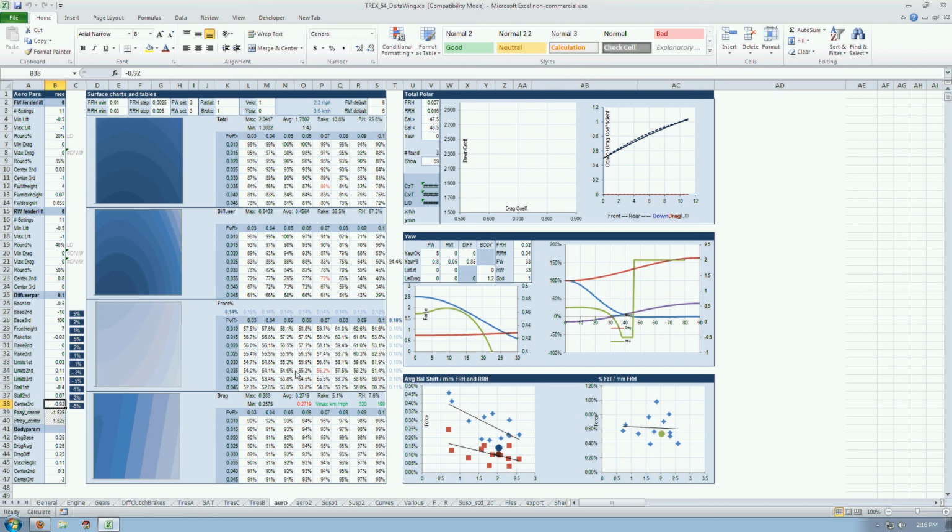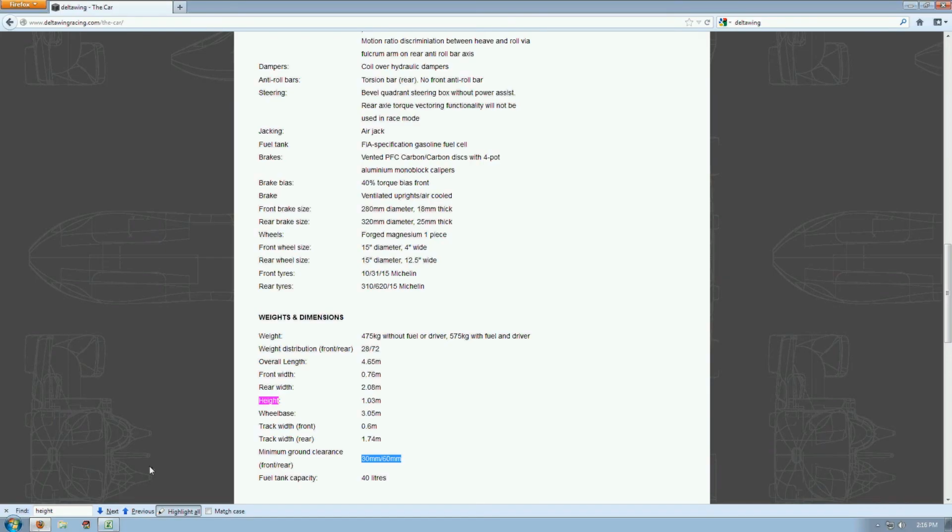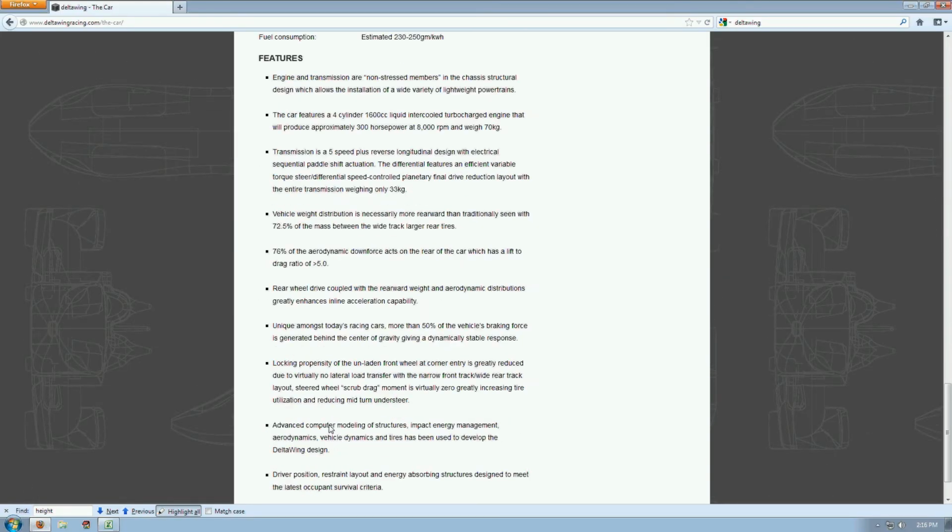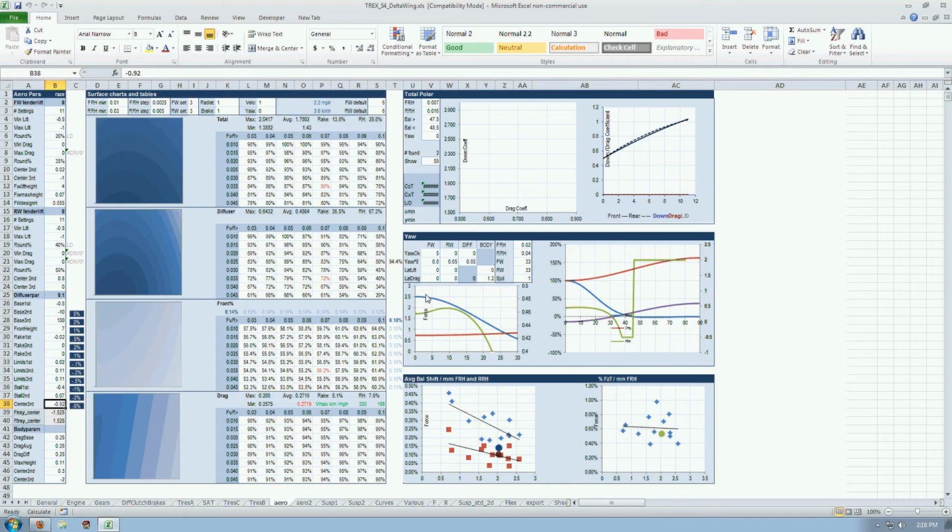How about the shades here? Well, first things first, the balance of the aero, which I already mentioned somewhere. They said 76% of the aero acts on the rear of the car, which will be ride height sensitive, so that's probably at a point in the aero map which I do not know where.